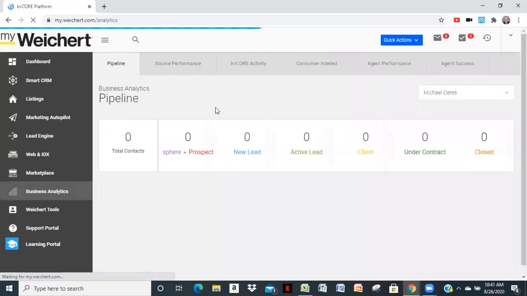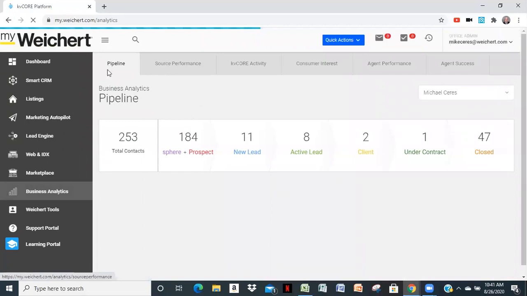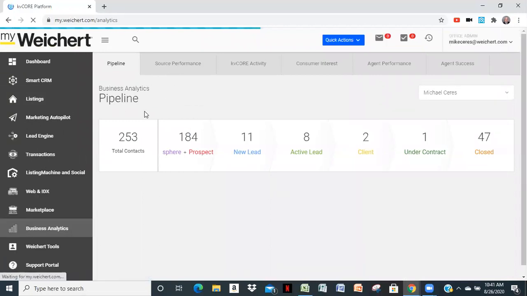And the first page that comes up basically tells you what it is, right? It's your business analytics pipeline. This is the pipeline. The idea is that you want to fill up your pipeline, right? And then move people down the pipeline to the closing table. That's the goal. That's the idea. All right. So what I'm going to do is show you what that all means and how they relate in the system.